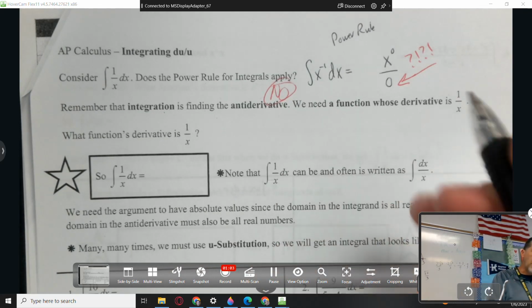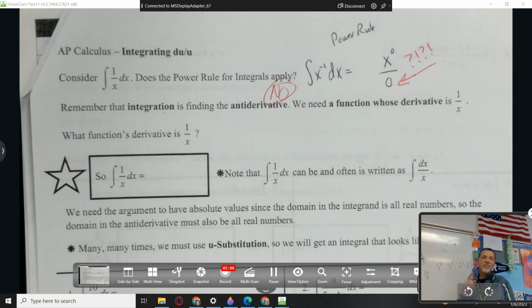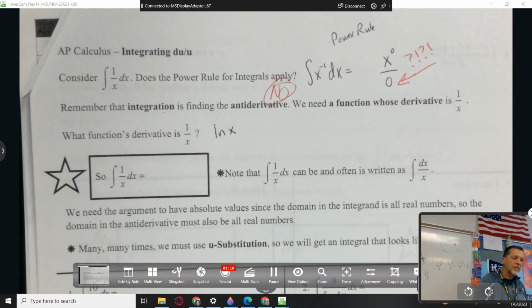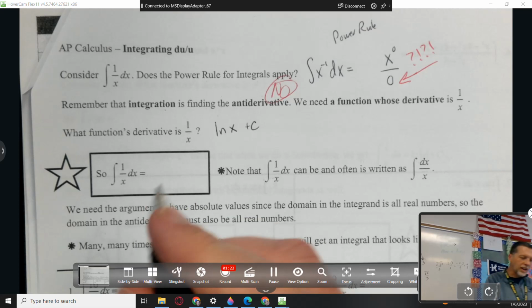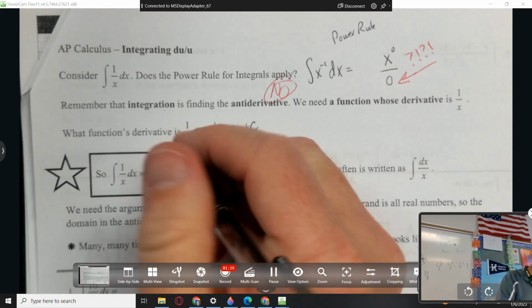So we need to find a function whose derivative is 1 over x. And we've done a function whose derivative is 1 over x. Do you remember which function has a derivative of 1 over x? Natural log of x, plus c. So the antiderivative of 1 over x is the natural log of... Now, be careful, there's one minor change here.